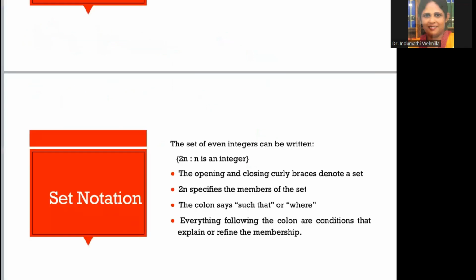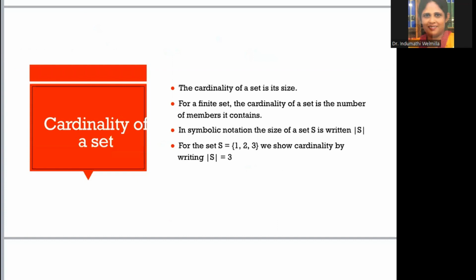Next, when I move to your lecture note, we have to understand different types of sets.